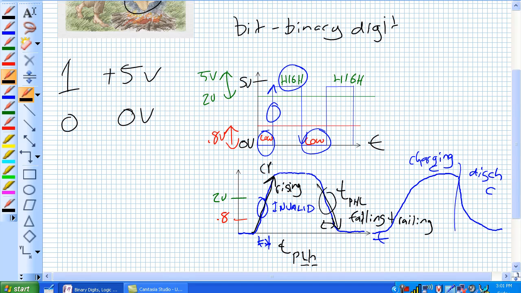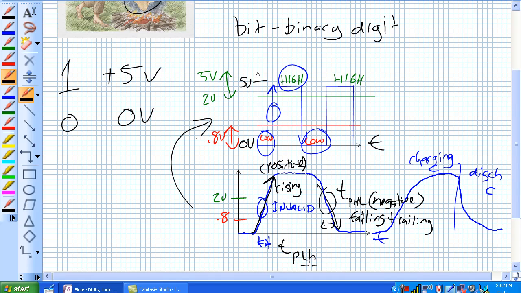Also referred to, respectively, as a positive edge and a negative edge.